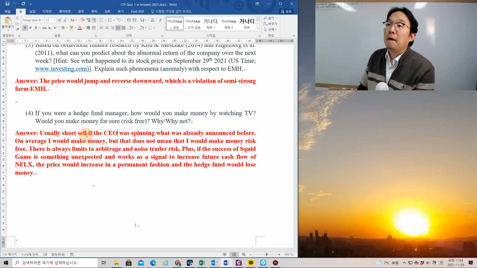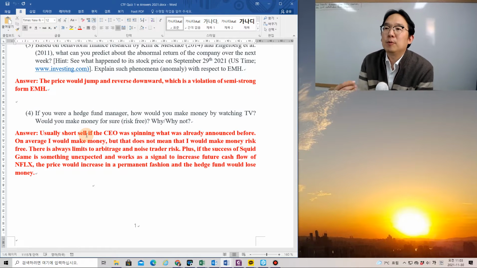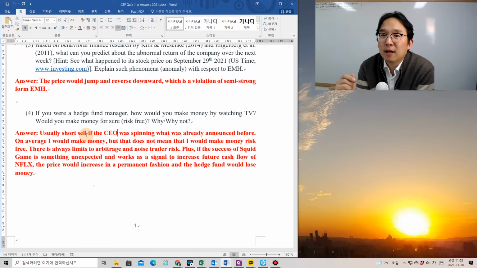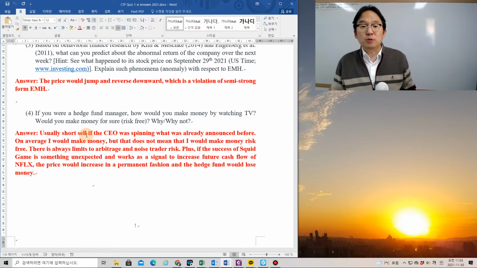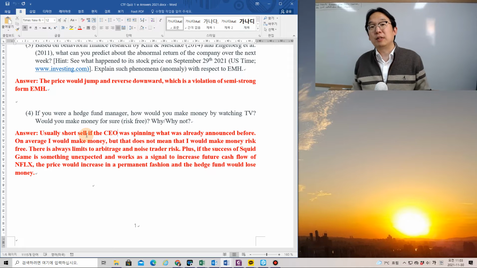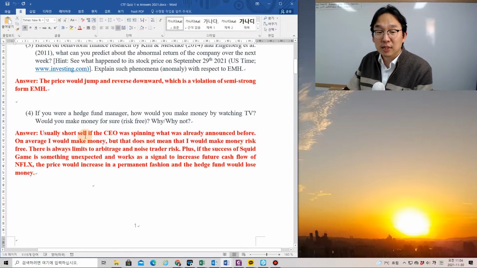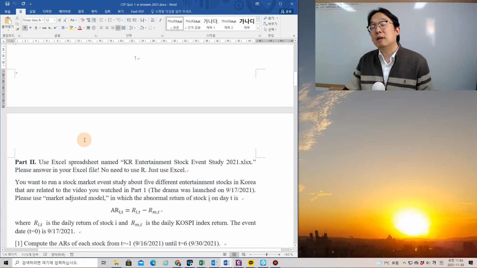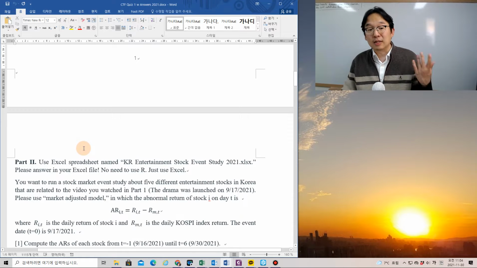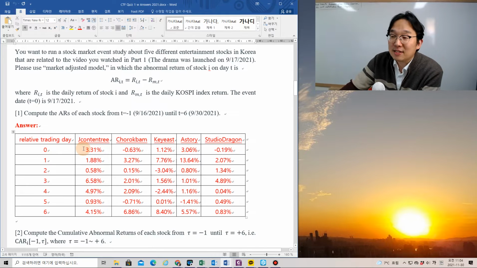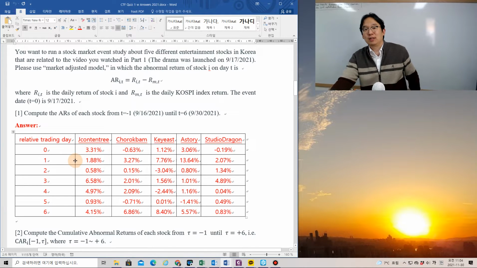And some people said maybe some more positive news may be contaminating it subsequently, so that you may not end up with the predicted direction. I gave you some partial credit for those kinds of answers, but generally I wanted to see short selling, and the point that it's not going to be risk-free. There's always a risk. It's not a textbook arbitrage.